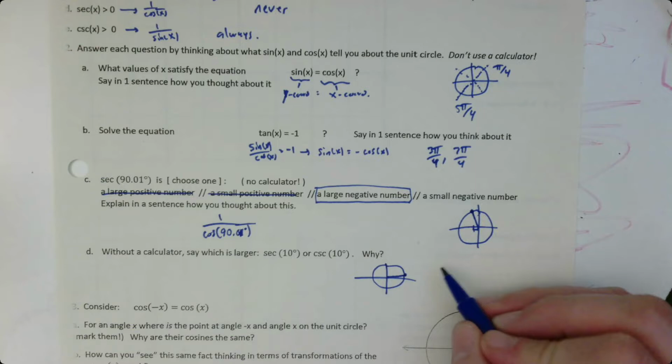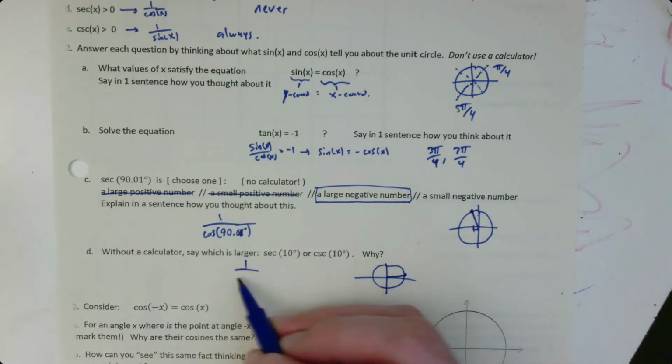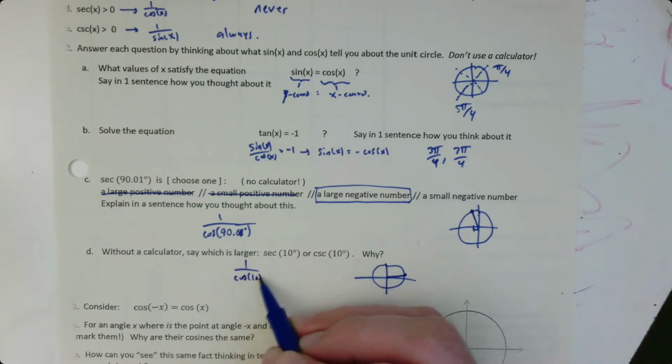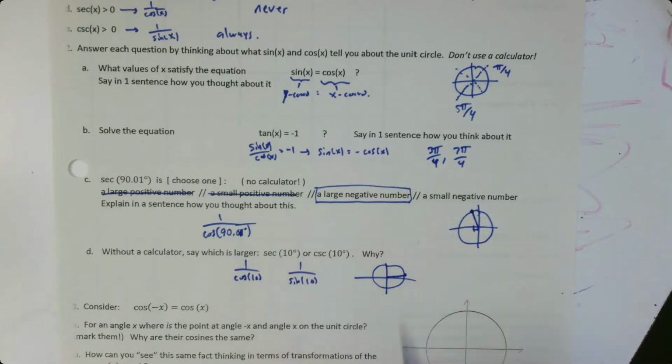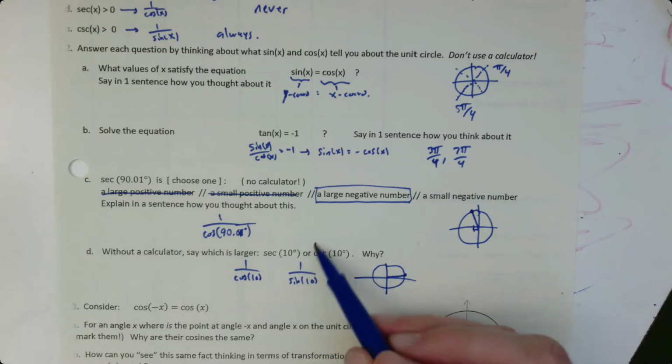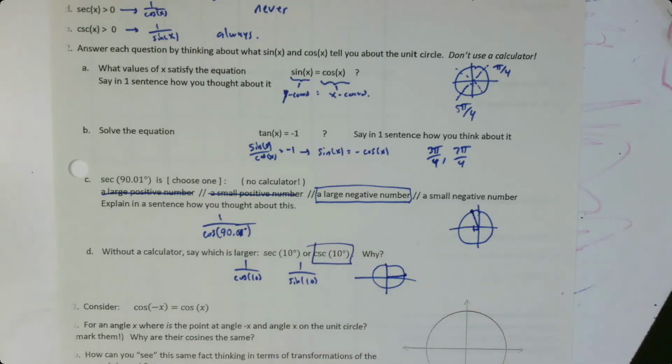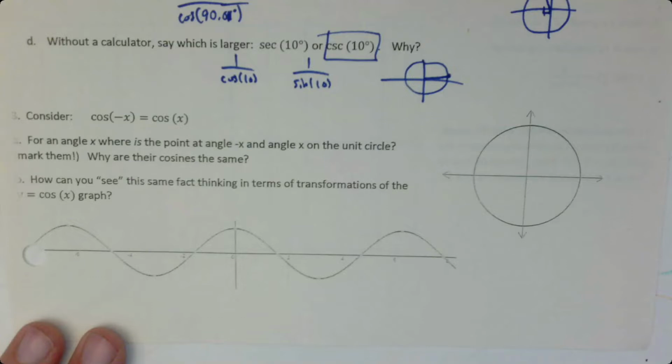So secant is 1 over cosine. Cosecant is 1 over sine. So let's think about which is larger. At 10 degrees, cosine is clearly much larger than sine. So 1 divided by a large number is going to be smaller than 1 divided by a small number. Therefore, I think cosecant has to be larger.